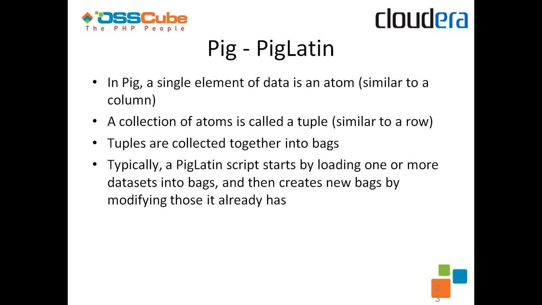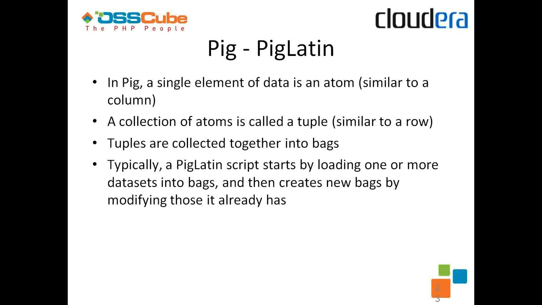Well, they've come up with these different names for the elements within Pig Latin. So you have an atom, which is similar to a column in a database, or a field more in database terms. Then if we have a collection of atoms, we call that a tuple, which is similar to a row, but you can have a subset of atoms, not necessarily the full set, and still call it a tuple.